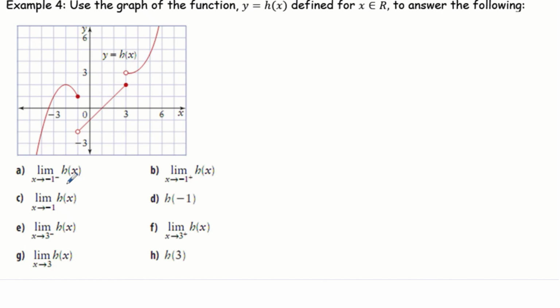So question A asks you the limiting value when x approaches -1 from the left side. Left side to -1, we are going to see it equals +1. And question B, from the right side to -1, equals -2. And question C, the limiting value: because the left side and the right side don't equal, it doesn't exist.